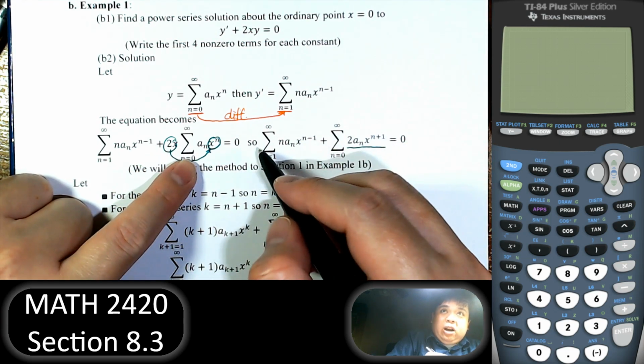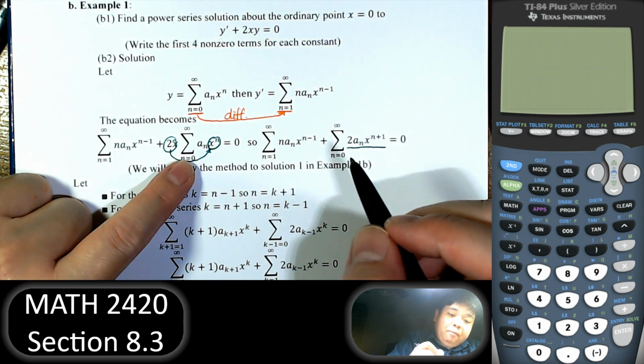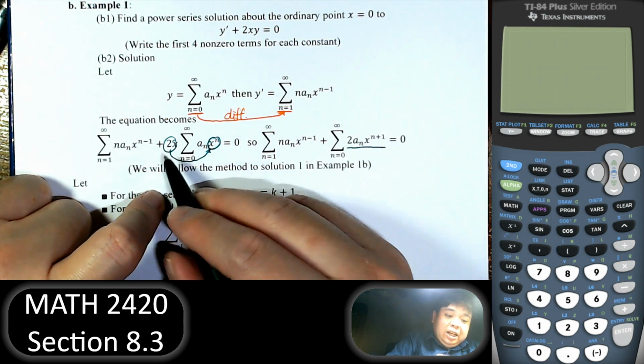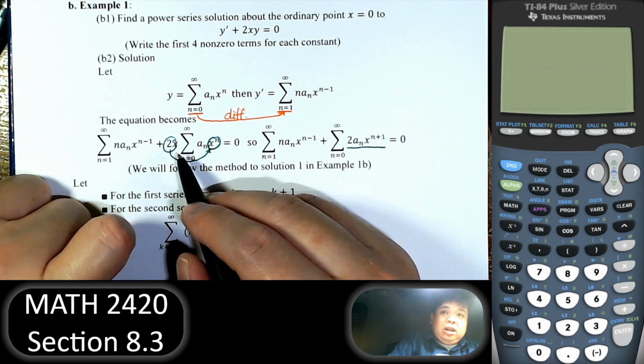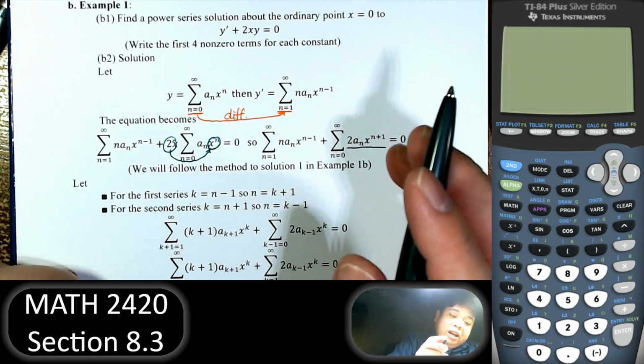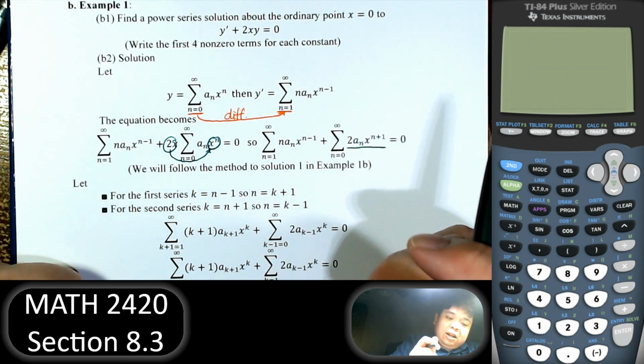That's why we multiply an x inside. The reason we can move the x inside is because the index is n. If we have n something, we cannot bring it inside, but we have something else other than n. So yes, we move that inside.